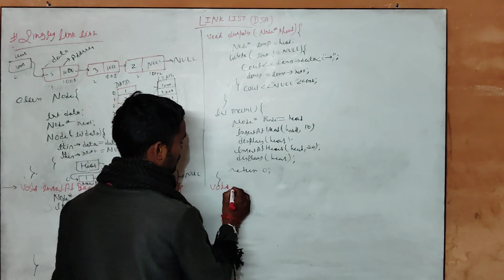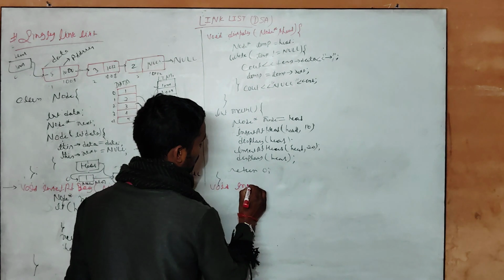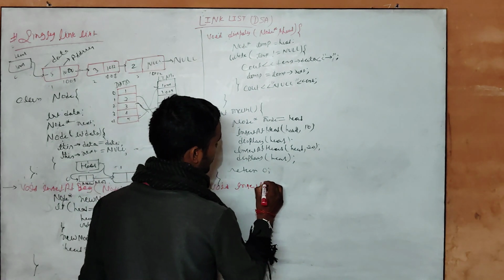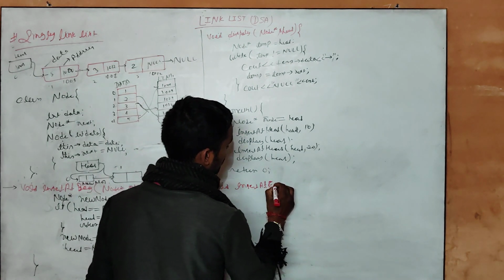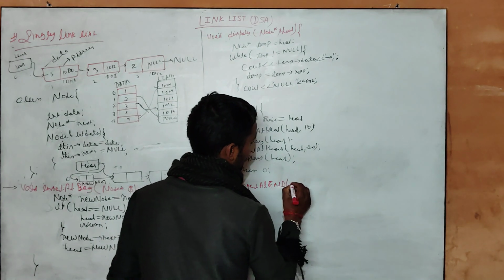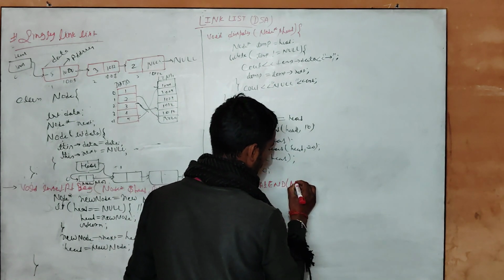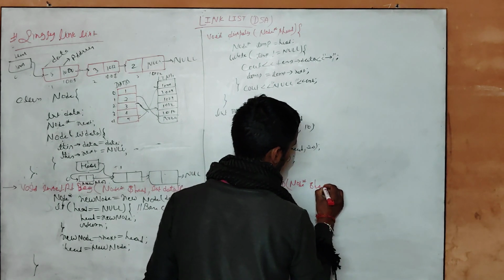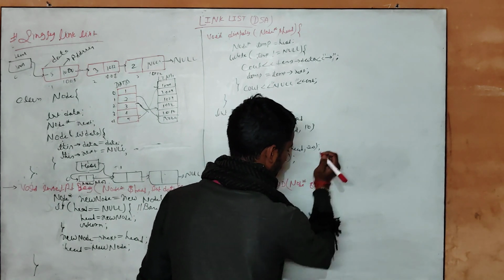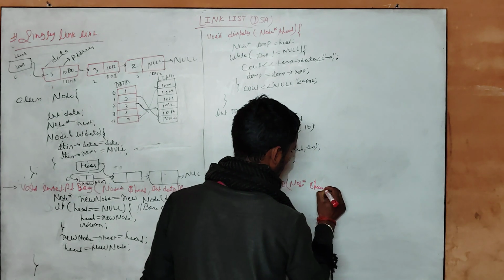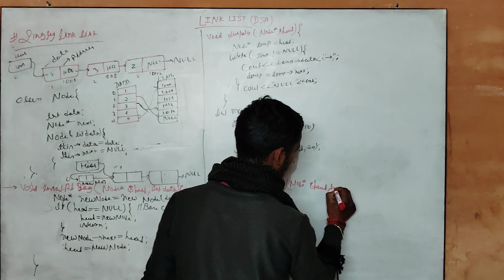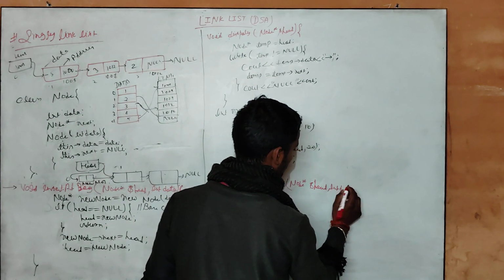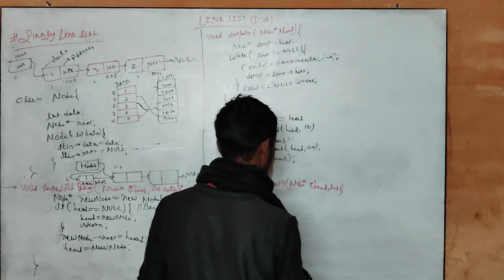Void insert at end. Here take one node or address of head, comma int data, simply represented as d.